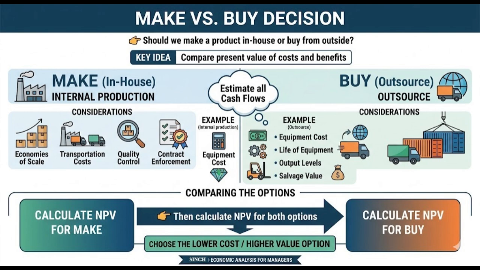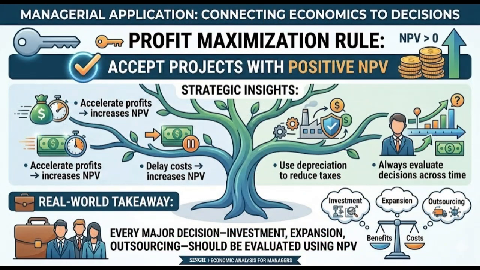The option with the lower present value of costs or a higher overall value becomes the financially superior choice, allowing managers to make decisions grounded in rigorous economic reasoning rather than intuition alone.